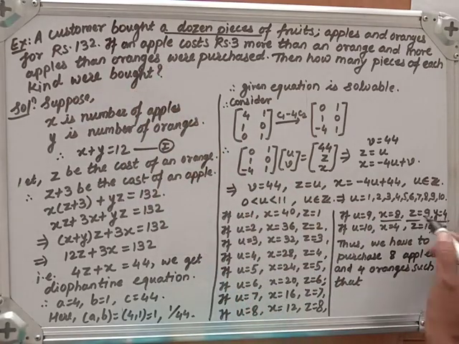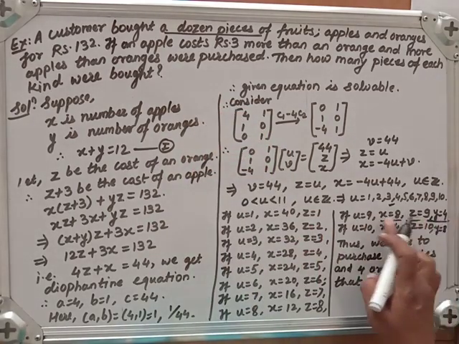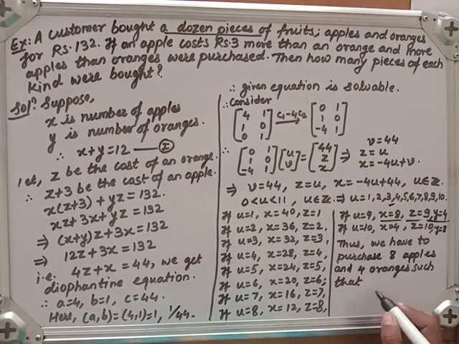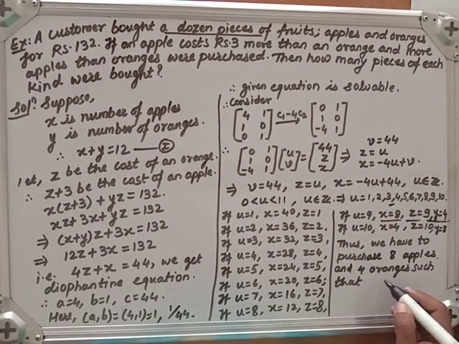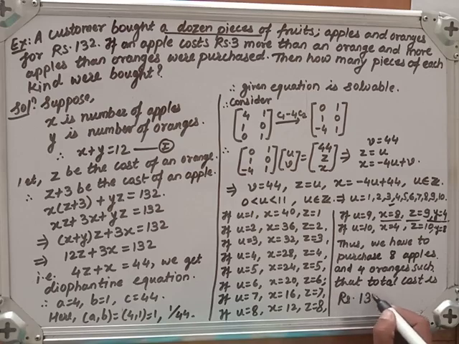That's why we will take this one. So x will be apples, y will be oranges. So here we should take this pair: 8 apples and 4 oranges, such that the total cost is rupees 132. As such, we can solve some word problems also using Diophantine equation.